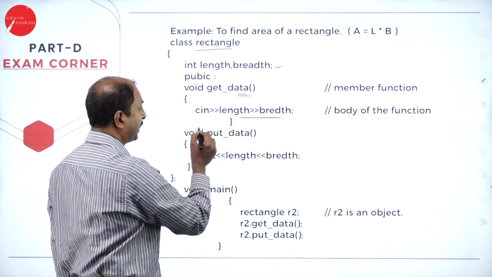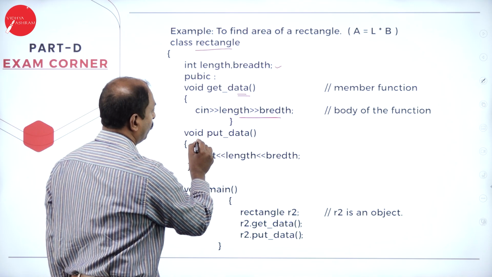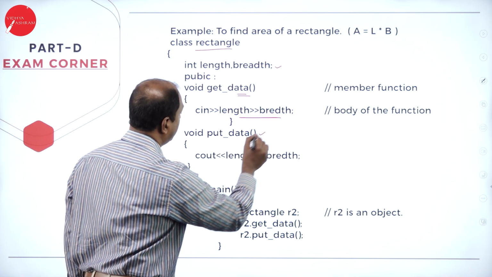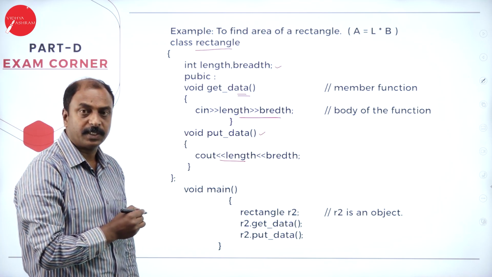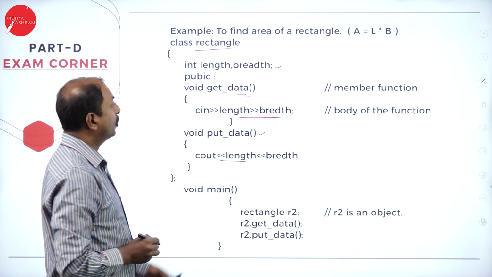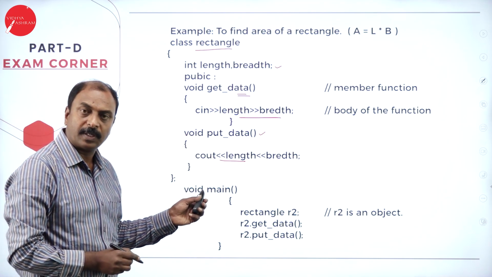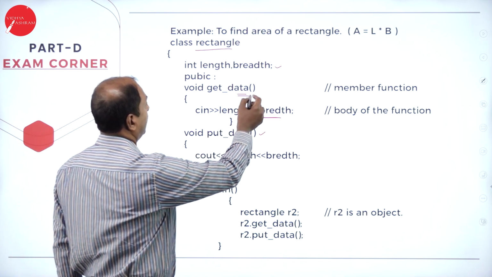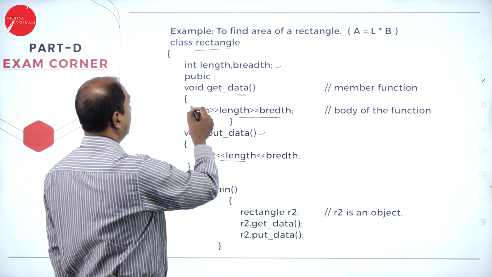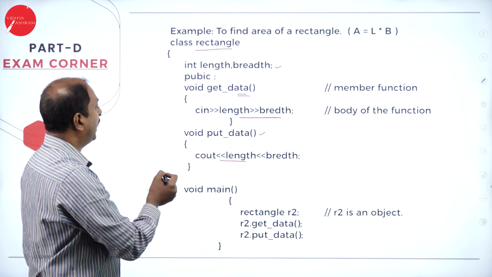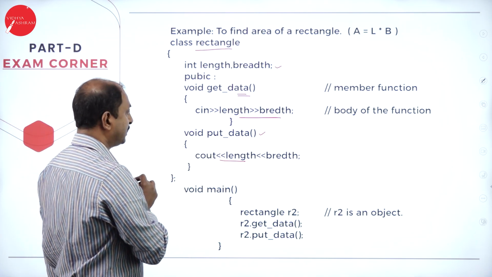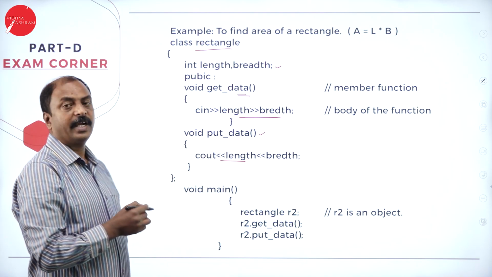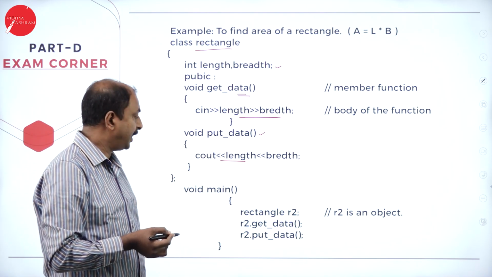Closing this getData function, again open one more function, void putData, open the bracket, statements, close the function here. Then close the class. So if you observe this code, this is the getData function. The definition is very much inside the class, and even for putData, the function definition is inside the class. So this is the concept of a function definition inside the class.